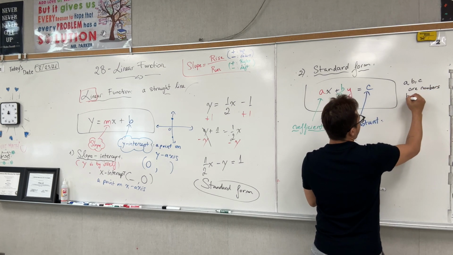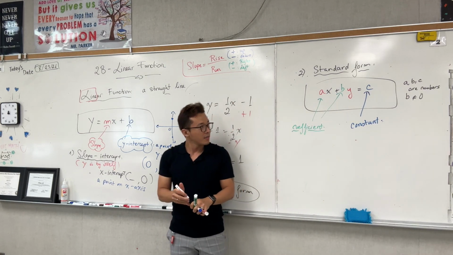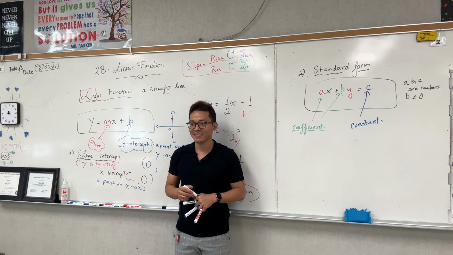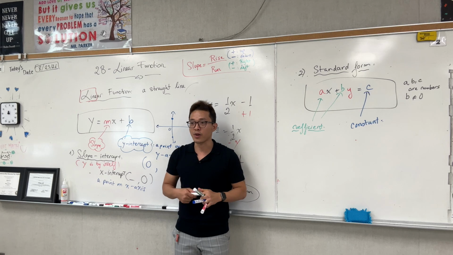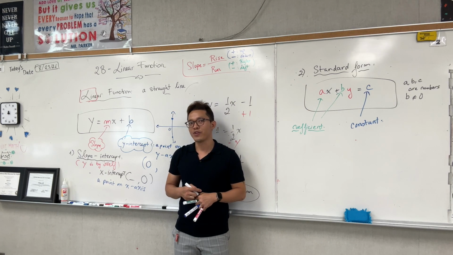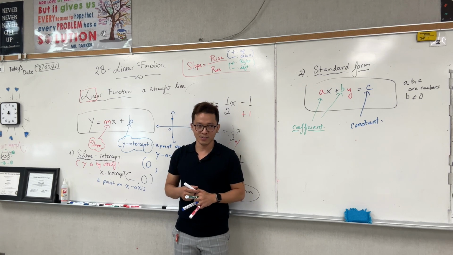And B cannot be 0 because if B is 0, it's not a function. What is the difference between the constant and coefficient? Just try. Don't worry, you're not going to get any punishment for answering wrong. Constant's always the same. Coefficient can change. Actually, not really, but that's a good try.